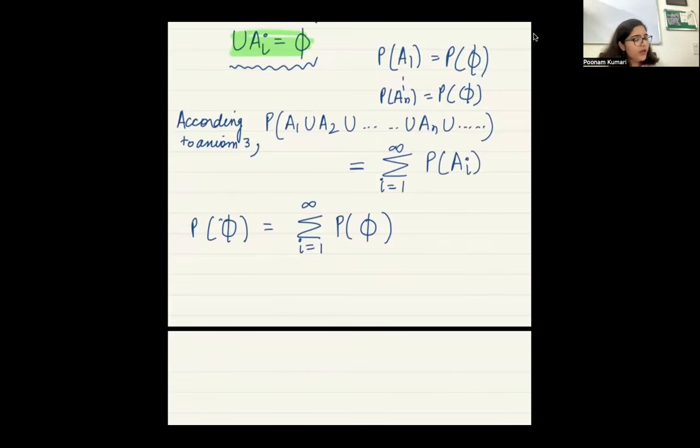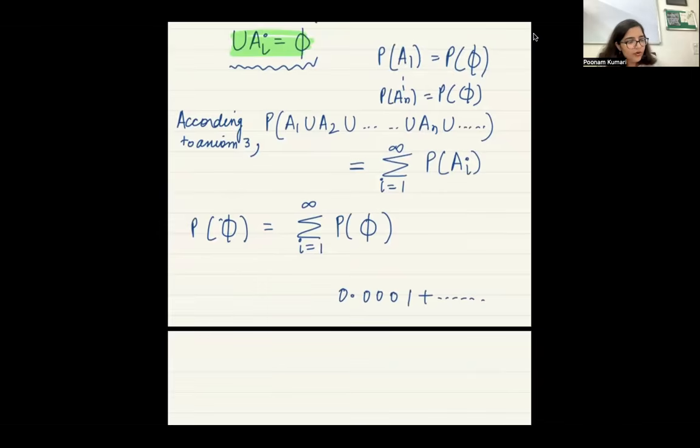So even if you put a number like 0.00001, if you keep adding it infinite times, what is this addition going to tend to? If you are adding it infinite times, what are you going to get? Infinity.